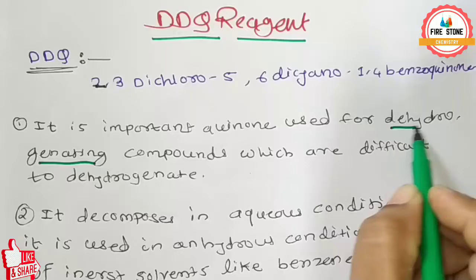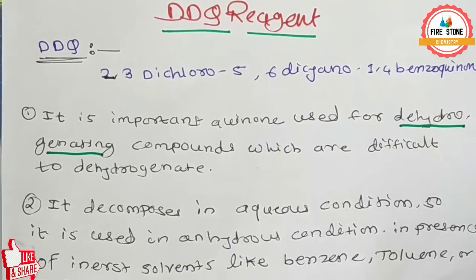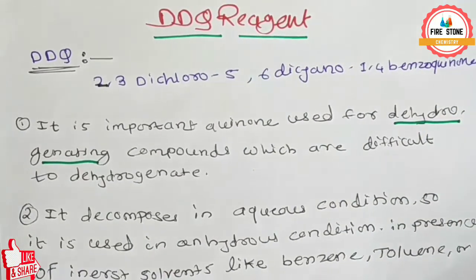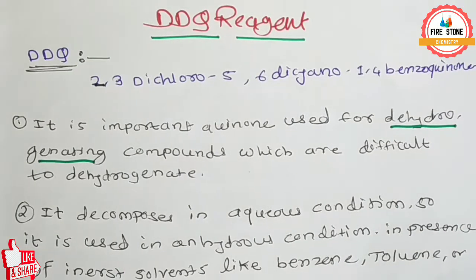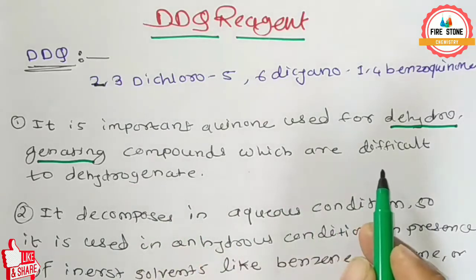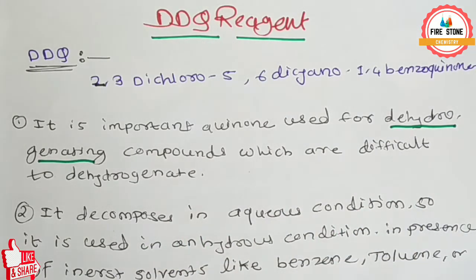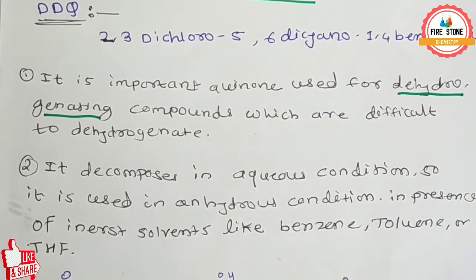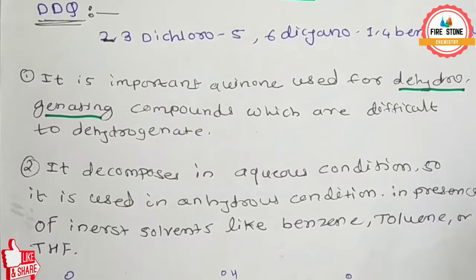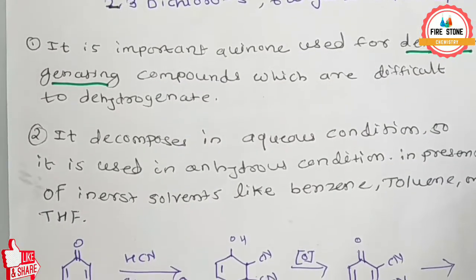So this is a dehydrogenating reagent, and it is used for dehydrogenating compounds which are difficult to dehydrogenate. The compounds which are difficult to dehydrogenate can be easily dehydrogenated by using DDQ as a reagent.